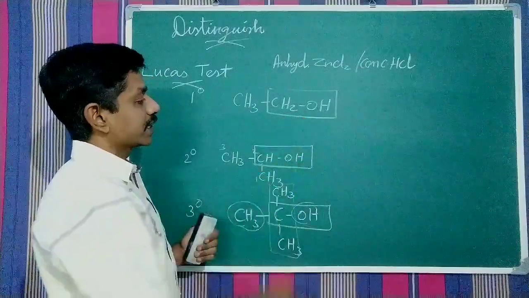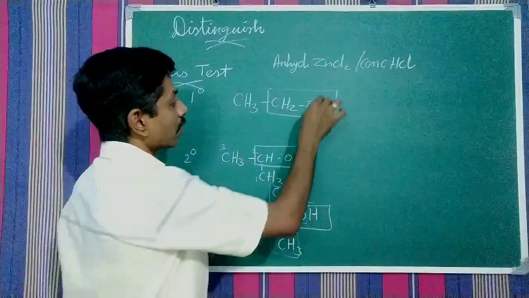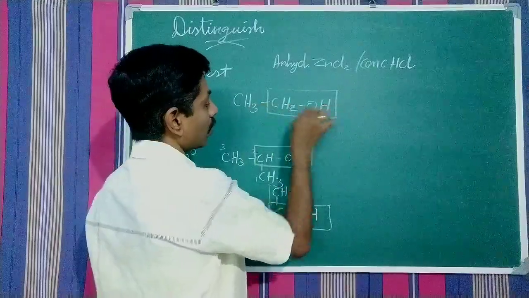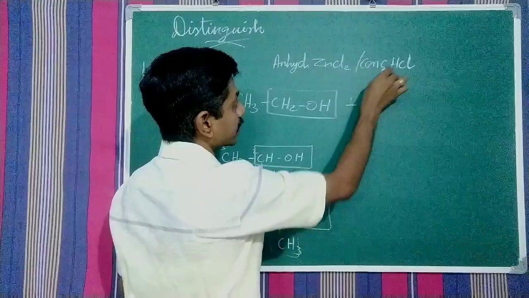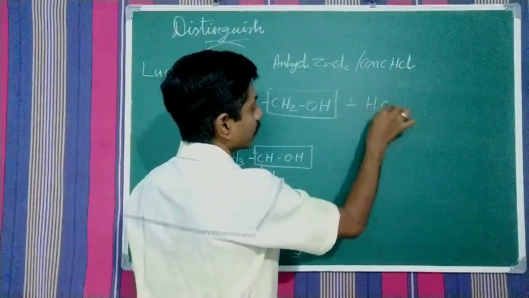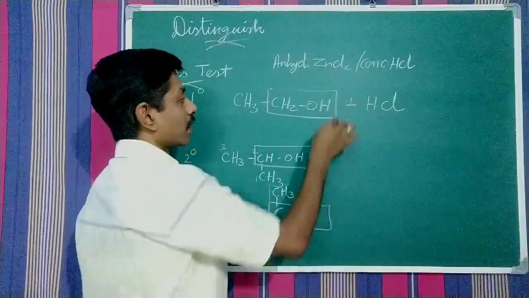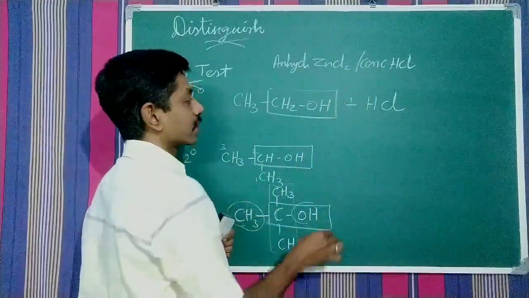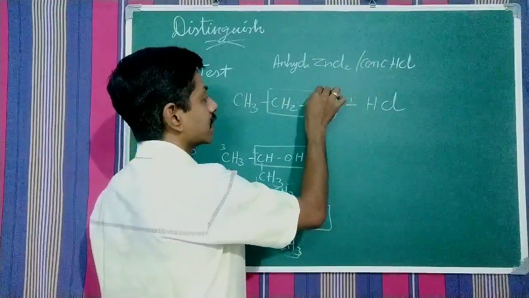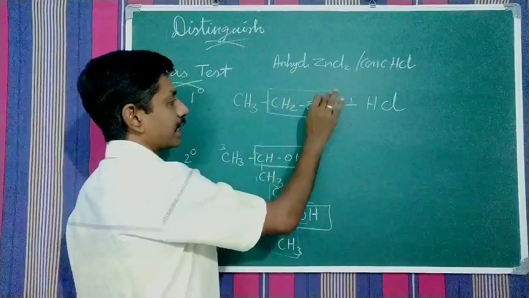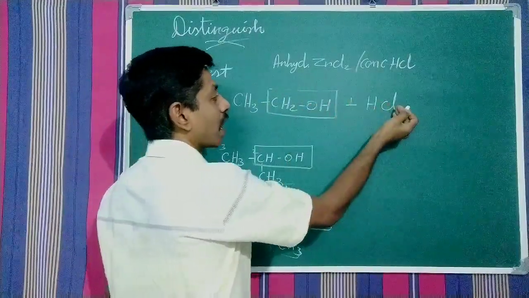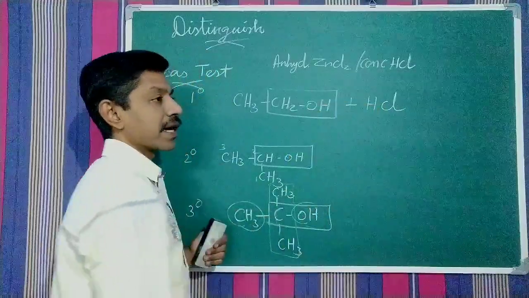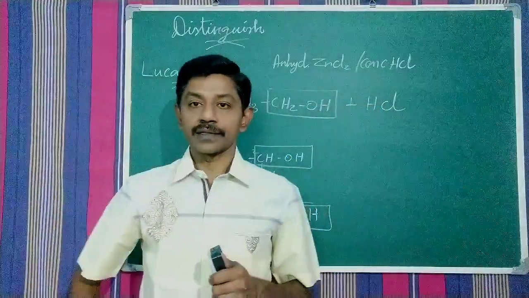Now let us go with this reaction. The ethyl alcohol molecule carries one OH group. We are going to treat it with hydrochloric acid from the Lucas reagent, and you can make a clear guess: the right hand side of the ethyl alcohol, the OH group, and the left hand side of hydrochloric acid, the hydrogen, are going to react.